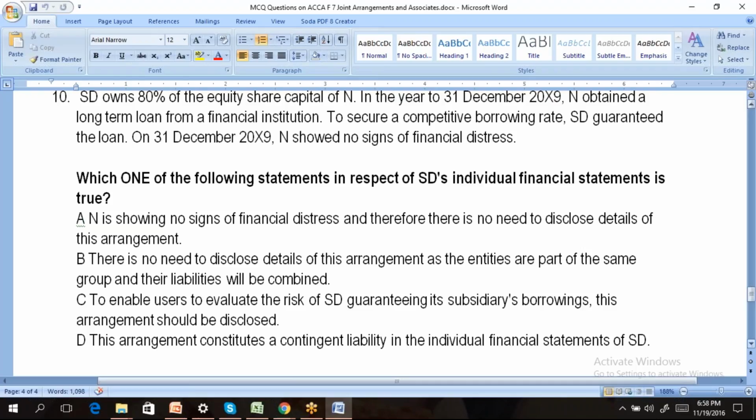Any particular area you want to touch on? Maybe financial instruments. Okay, I'll do some slides. Yes, financial instruments, and tax. But not the deferred tax, I understand the concept. Is it the tax in the published question? Yes, that's an easy one. That one is always tricky for me.